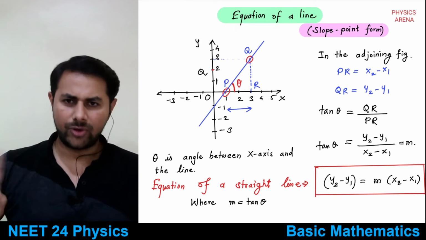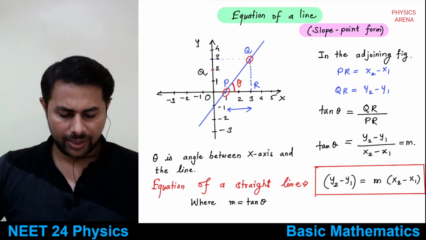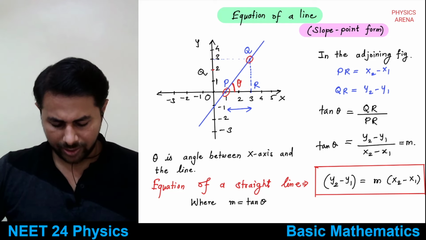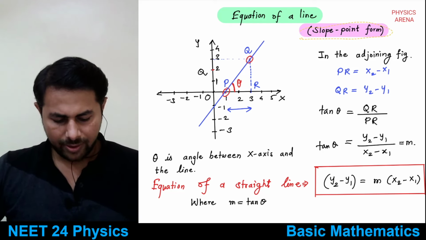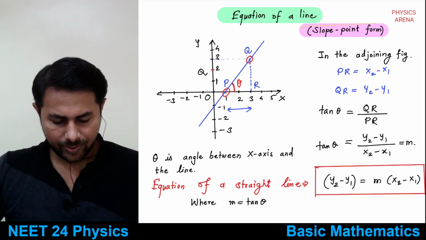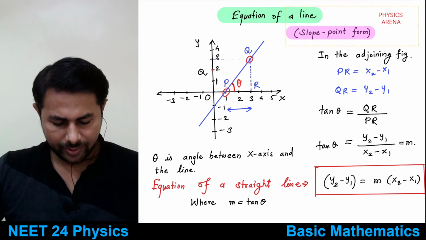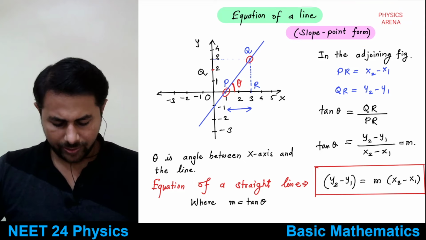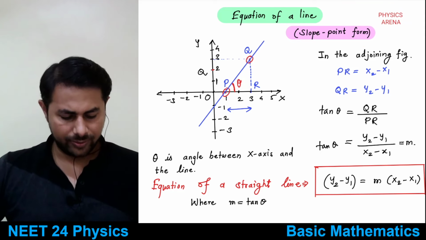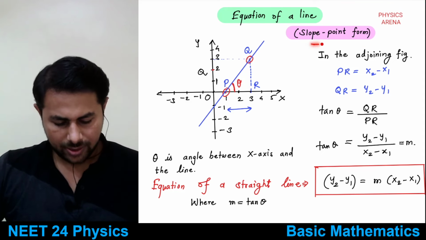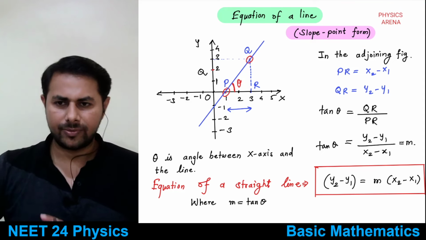So there are two forms of the equation. One is called, as you can see here, the slope point form. The first form is known as the slope point form. So you know the slope and you know one point, suppose, then that is known as slope point form.